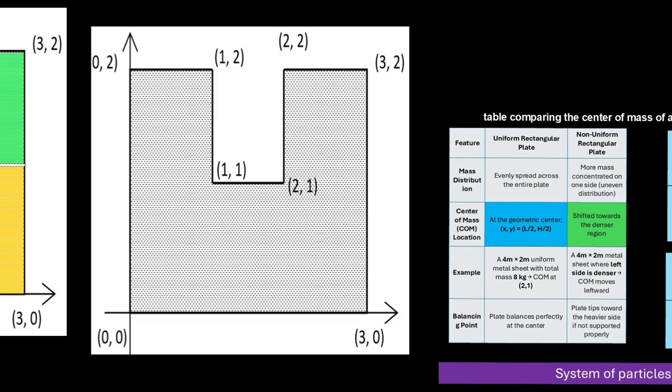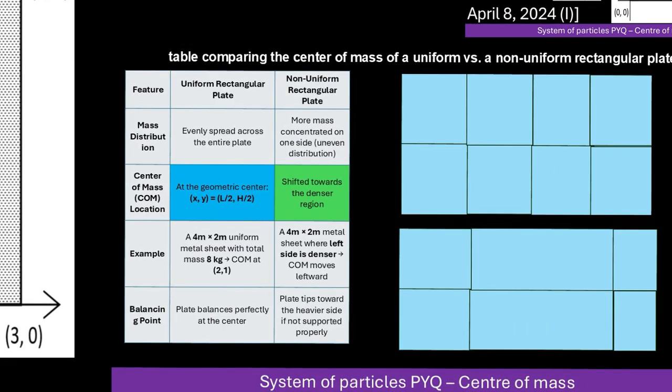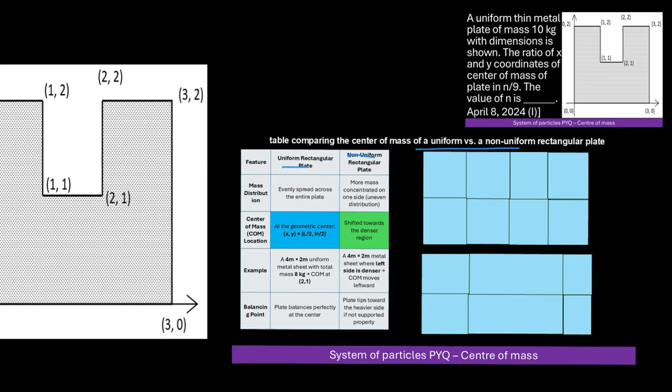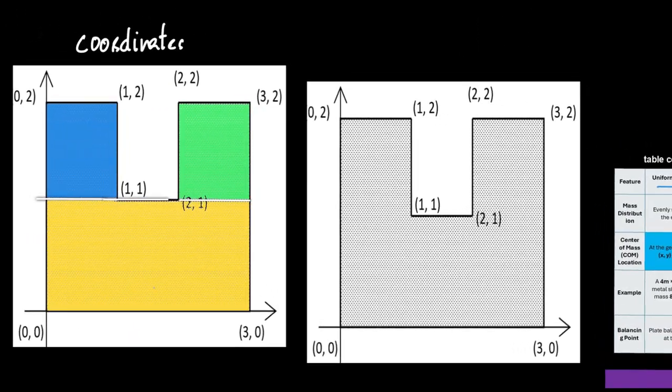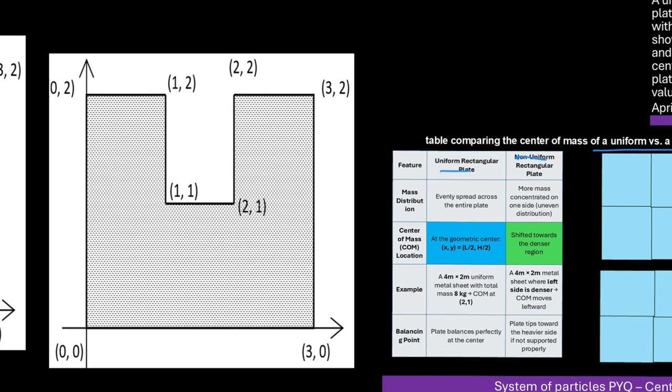So now that we have discussed the significance of uniform mass distribution and the comparison between uniform and non-uniform mass distribution, let us now focus completely on solving this question in a very detailed structure.